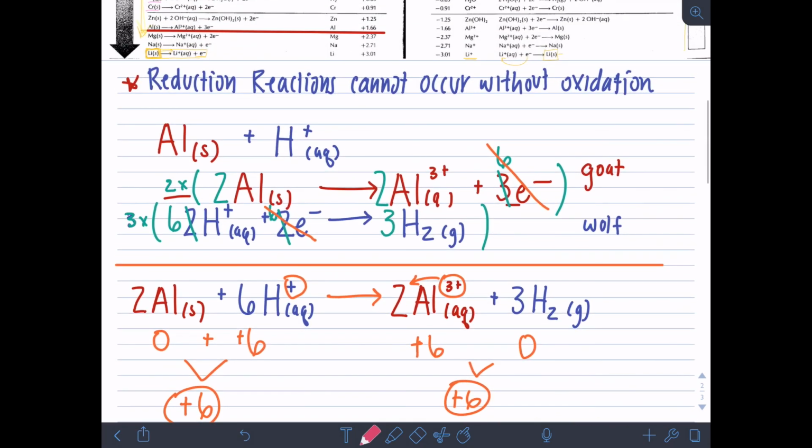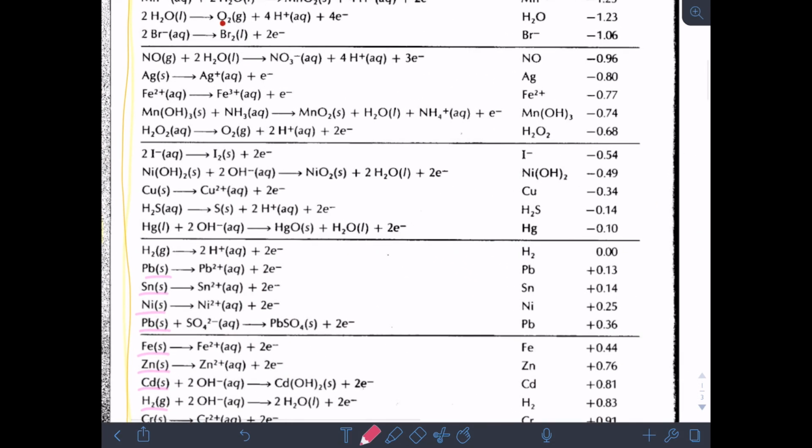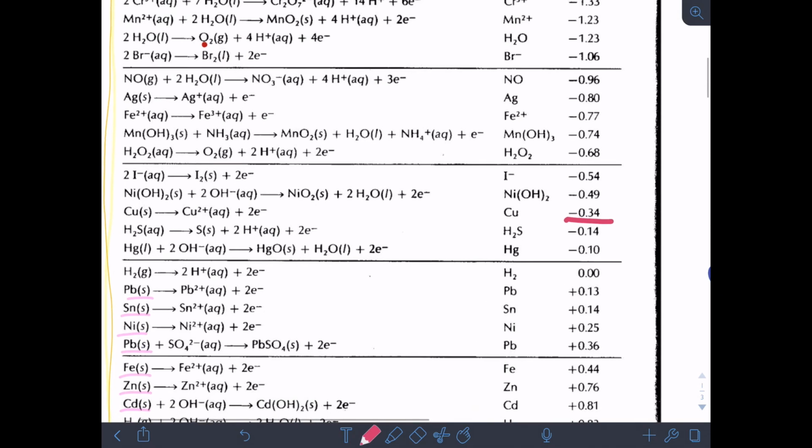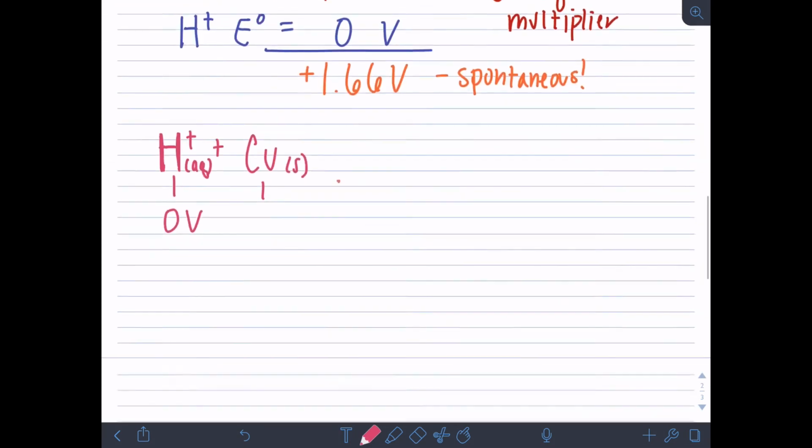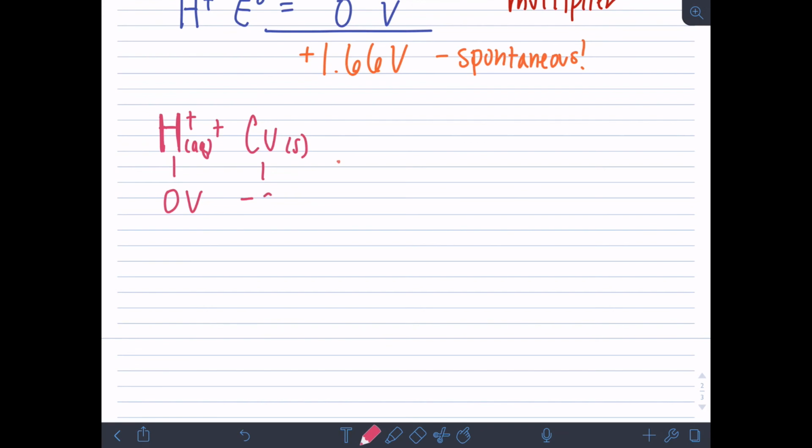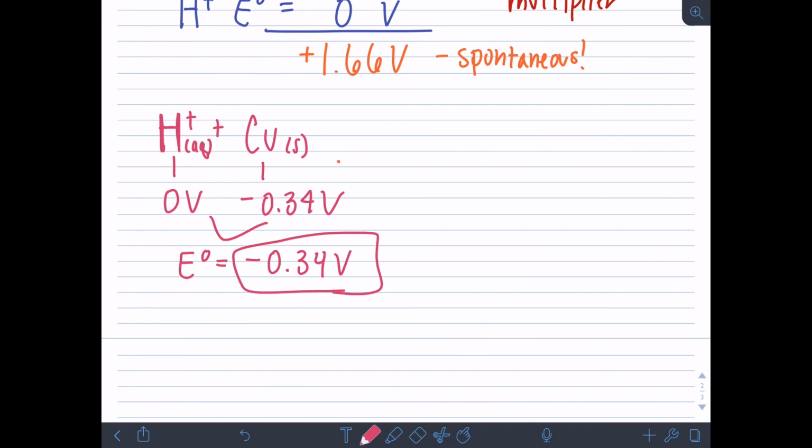And let's look at the electrode potential for copper, negative 0.34. And if we add these two together, we'll get a total electrode potential of negative 0.34. This is negative. That means that this is not spontaneous.